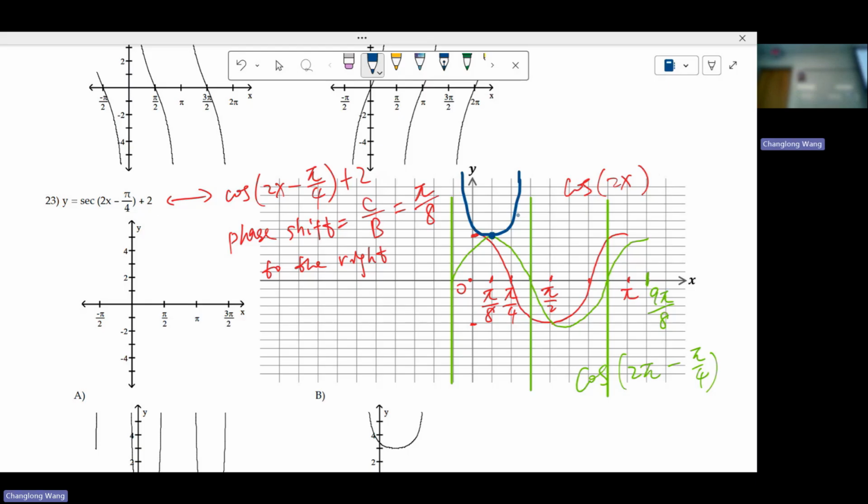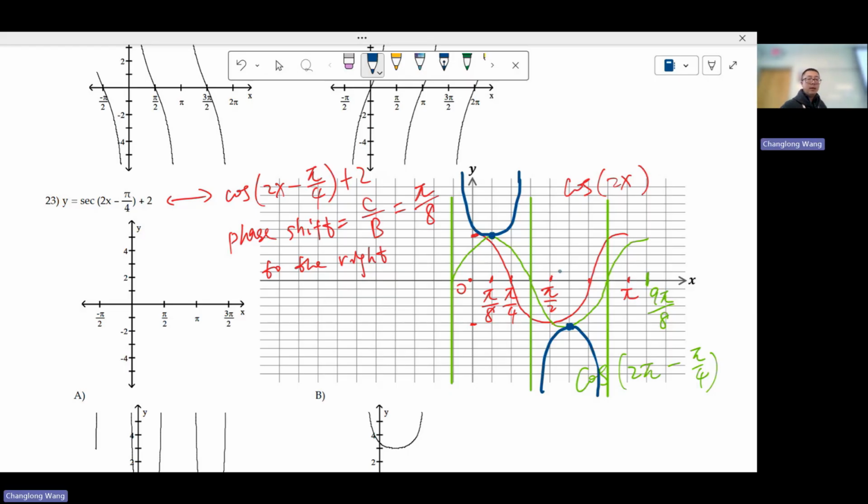So this is like you're looking at a U shape down. You take the maximum and flip the U shape up to get part of the secant graph, and find the minimum, flip it down, right? That's all.